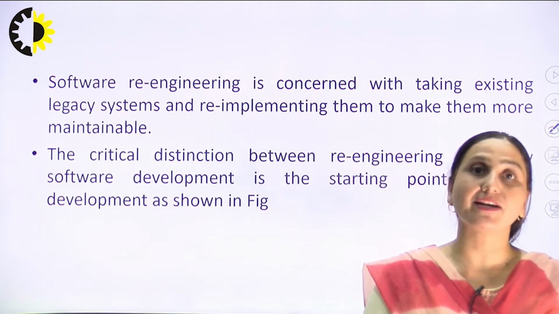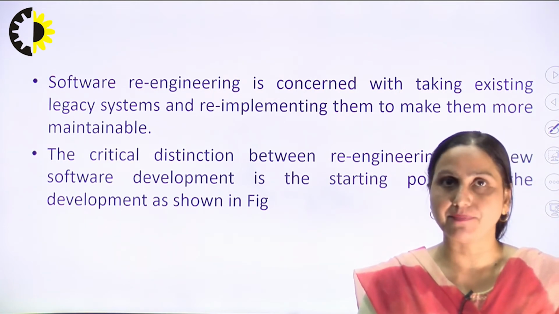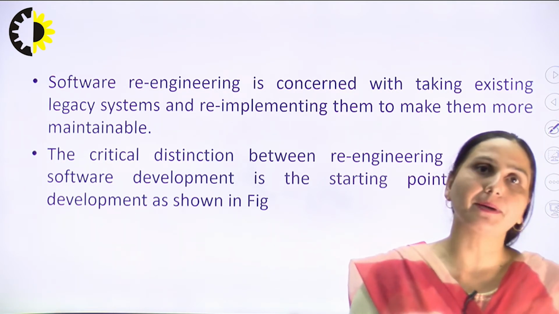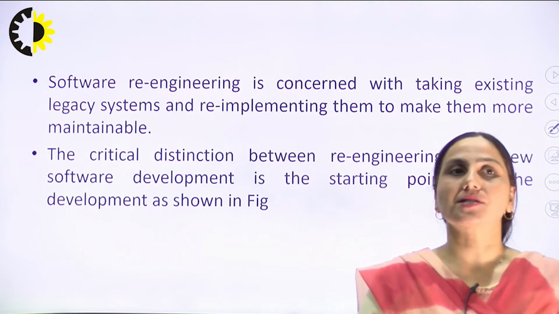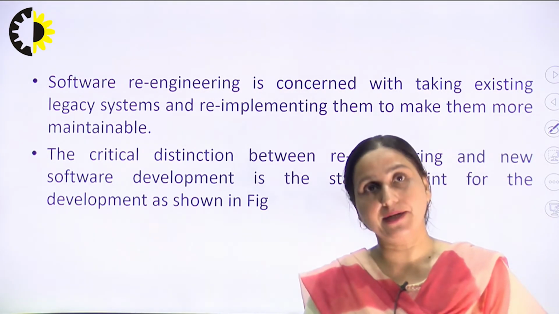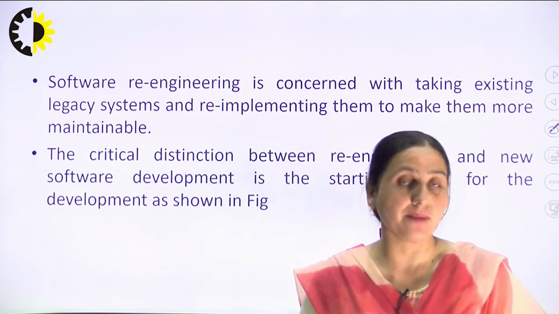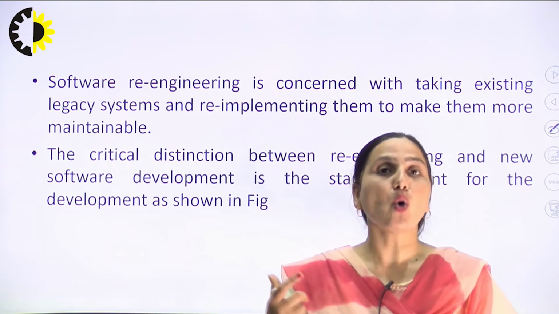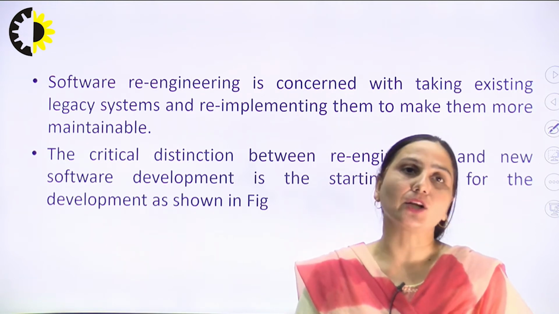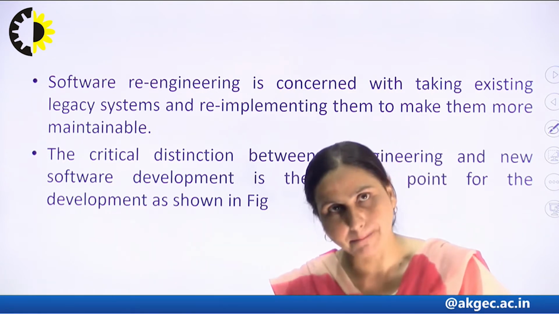That means we are not developing a new system; we are using the old legacy system and re-implementing it based on new technology so that the system becomes more maintainable.